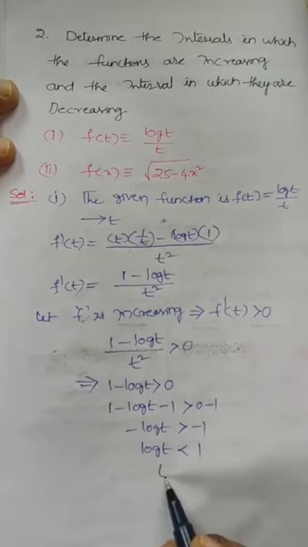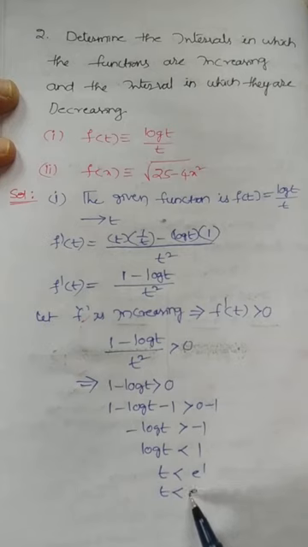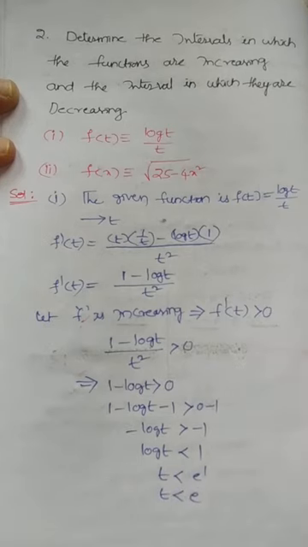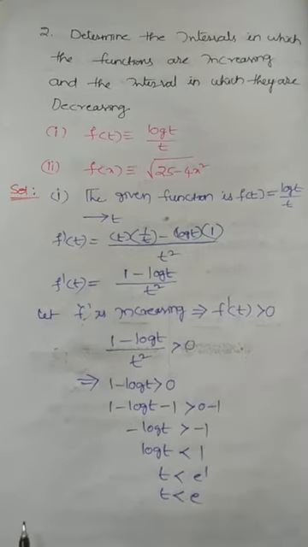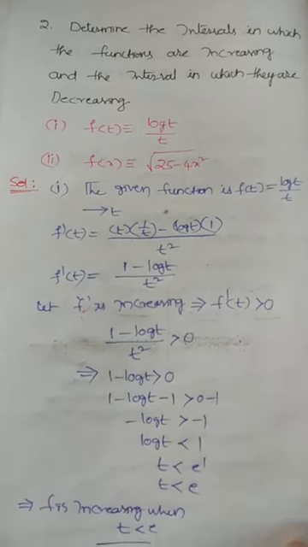So t is less than, this log function goes to this side, it will become exponential, so e power 1. So t value is less than e. That implies we will make the conclusion that f is increasing when t is less than e. It is our conclusion.